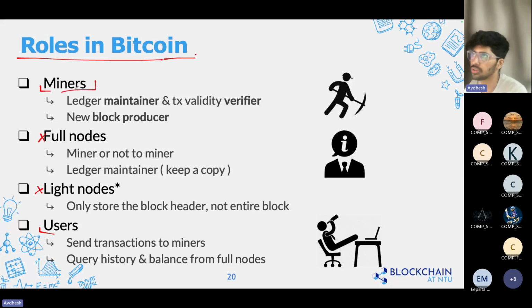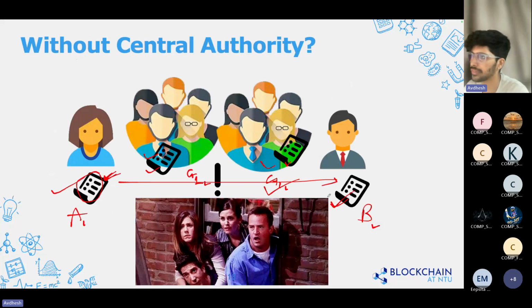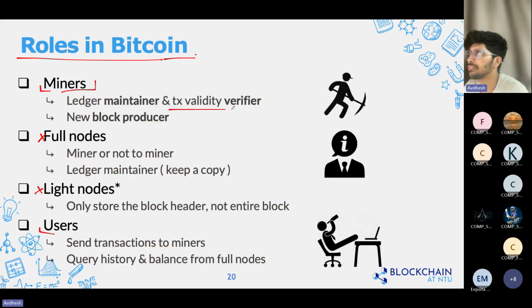So who is the miner? A miner is like a maintainer, someone who is actually maintaining all these ledgers of Alice, Bob, group 1, group 2 in real time. He's also the verifier of the transactions.